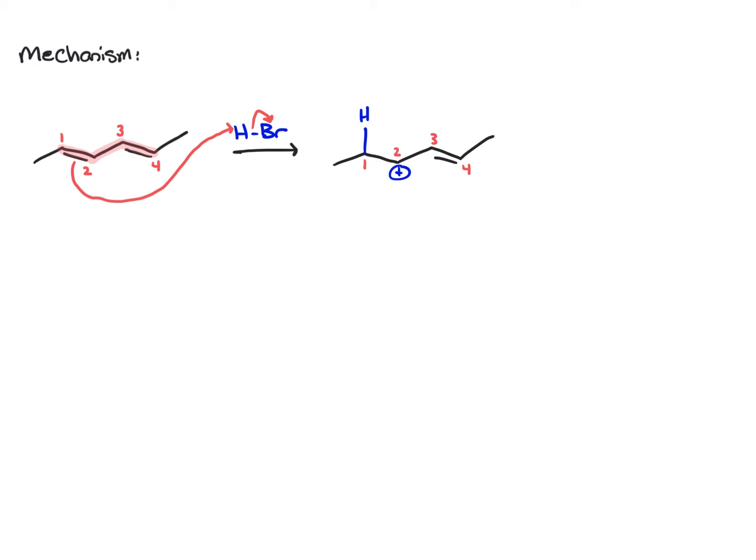Well, the reason for this is, even though we would consider this a secondary carbocation, it's not just secondary, but it's actually secondary allylic because it's next to the double bond. And what does the secondary allylic carbocation have? Resonance. That resonance stability actually trumps the Markovnikov rule that we typically see.